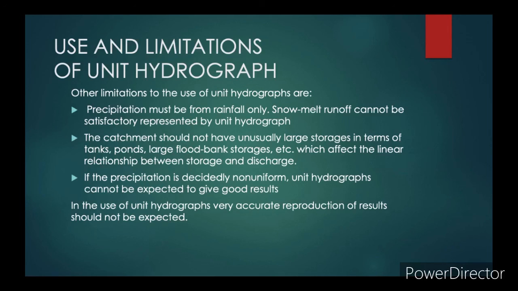Second, the catchment should not have unusually large storage in terms of tanks, ponds, large flood bank storage, and etc., which affect the linear relationship between storage and discharge. If the precipitation is decidedly non-uniform, unit hydrographs cannot be expected to give good results.